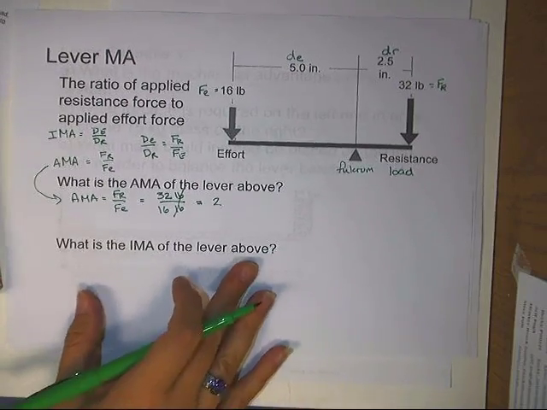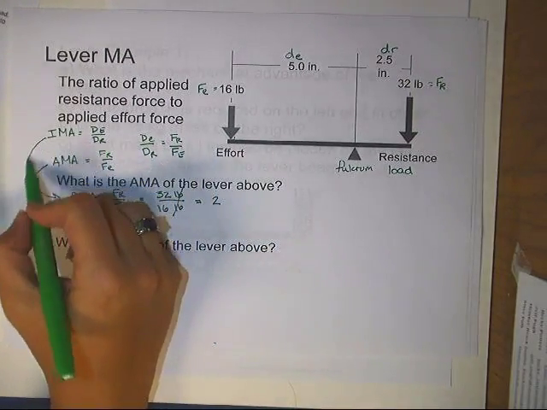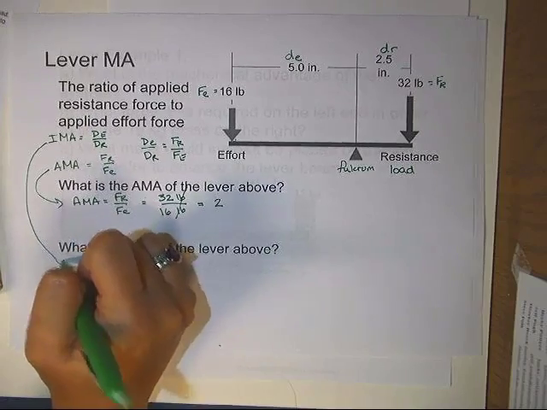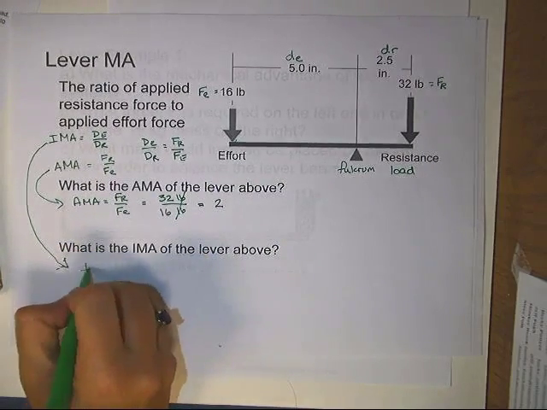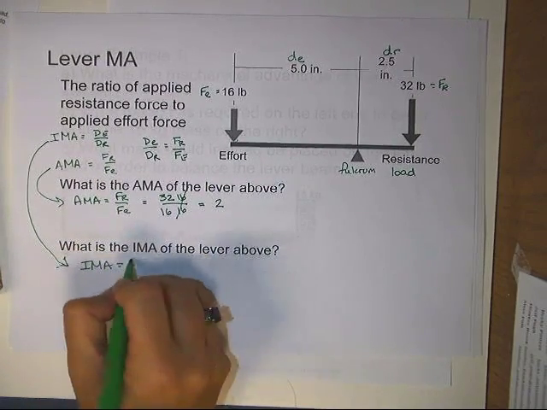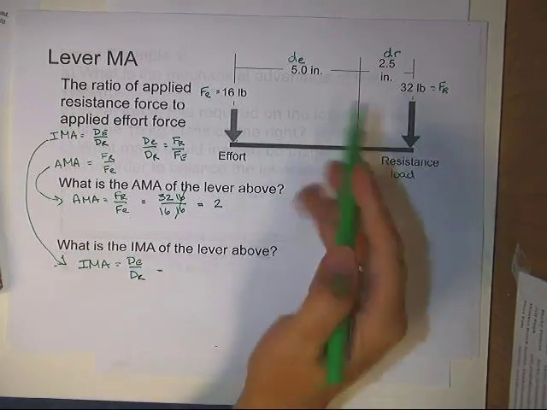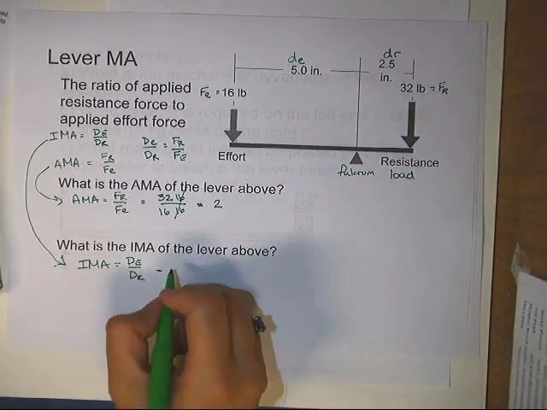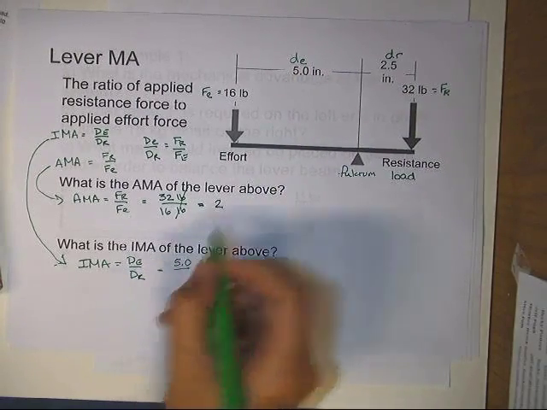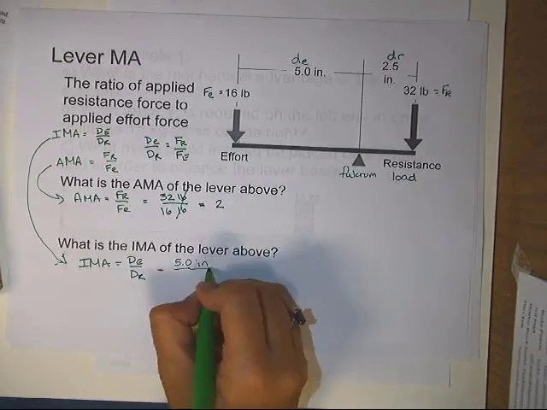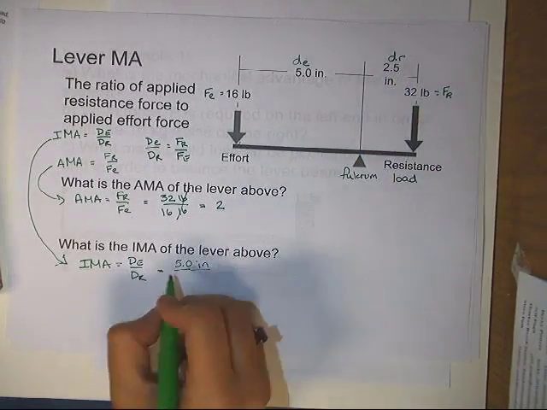Now for the IMA, I'm going to do the same thing, but now I'm using this formula. I'm going to copy it down one more time. And I'm going to substitute in these numbers up here. dE is 5 inches and the dR is 2.5 inches.